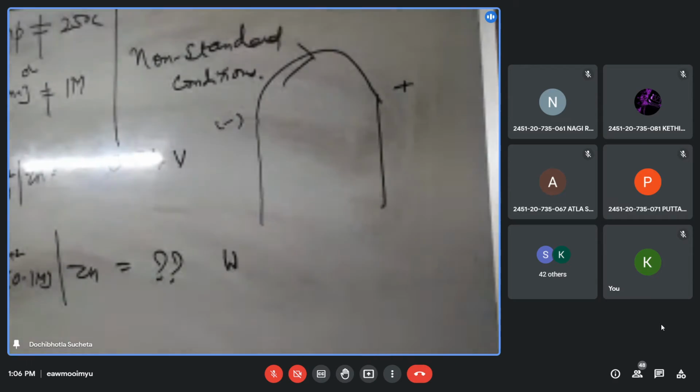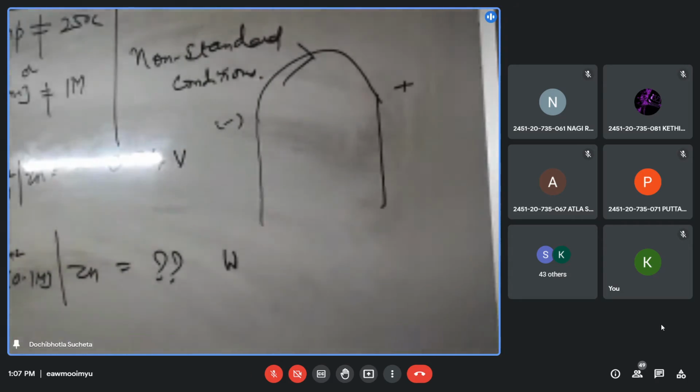Okay, how much work has been done during this generation of electrical energy? That means the charge has flown from anode to cathode. So how to calculate that? That's going to be equal to NFE. And every time there is a decrease in the free energy, I always know such reactions are always spontaneous in nature.